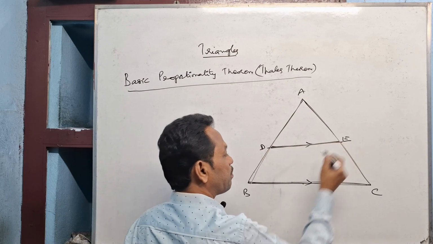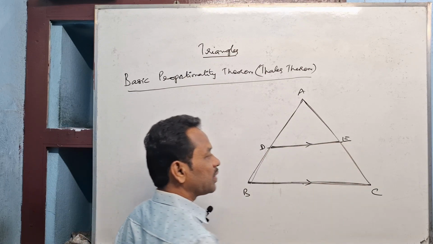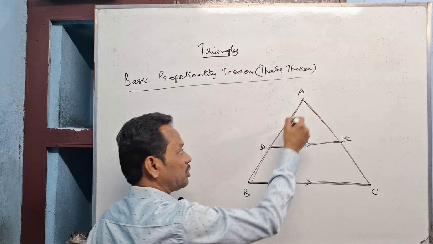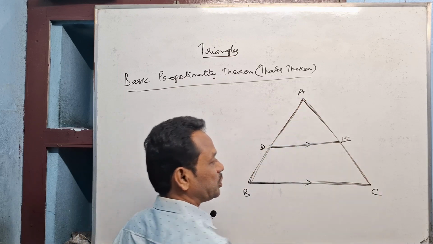If a line is parallel to one side of a triangle, then this line divides other two sides in the same ratio.